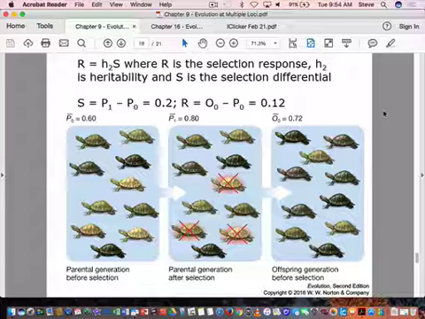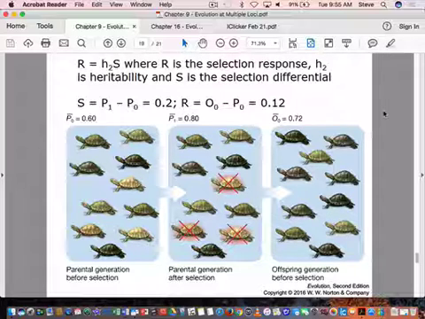Now the next thing that has to happen is the heritability. They just died. You don't know how much of that is influenced by genes or environment. And then here's the offspring generation afterwards. So you can figure out R equals this value, 0.72, minus the parental value.